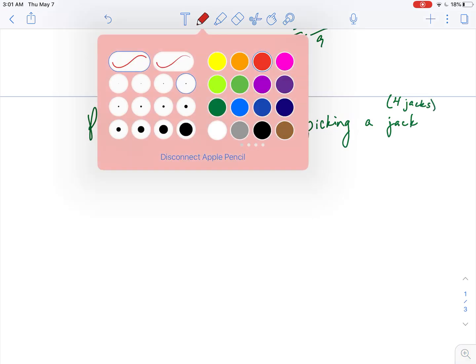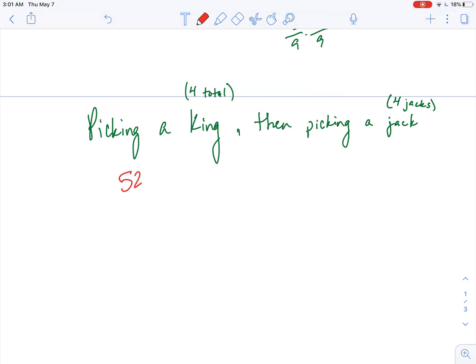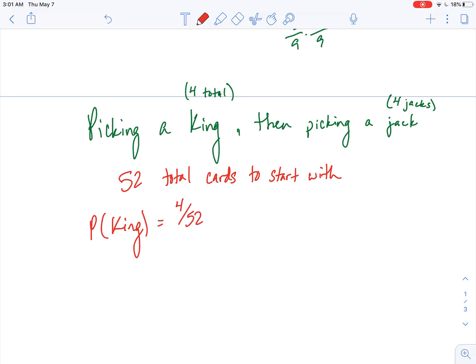So, things to point out here, I have 52 total cards to start. So the probability of picking a king is going to be 4 out of 52. And then I'm not putting it back.